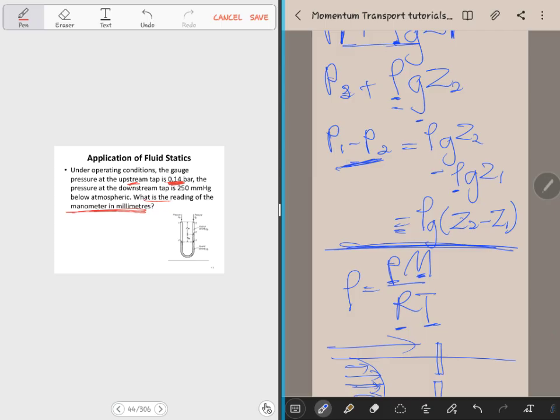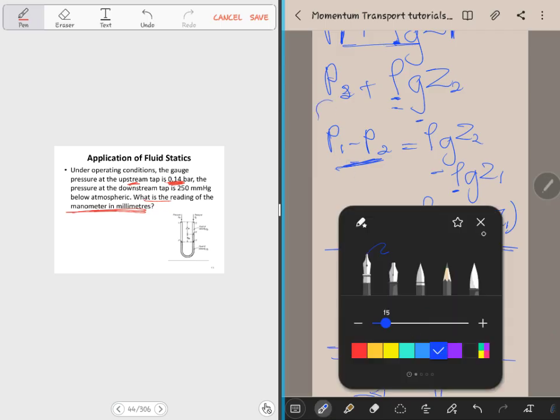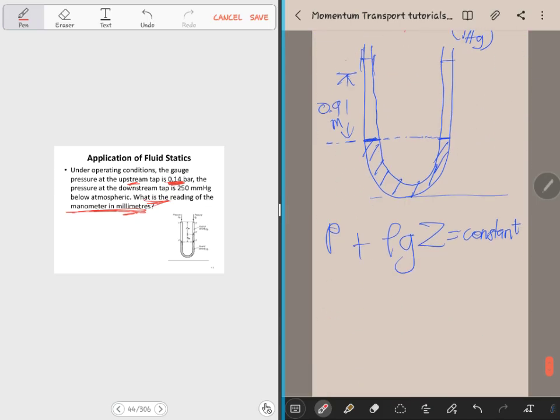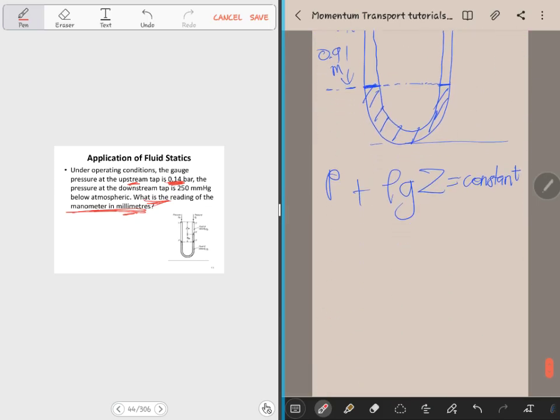So looking at it, if this is the barometric equation that we are using, given pressure at upstream, pressure at downstream, we know the density of both of them, we know acceleration due to gravity. The only thing that we don't know is the difference in height. So the reading that they're asking us to find here is the distance between the positions that we are talking about. That's what we are finding, right?